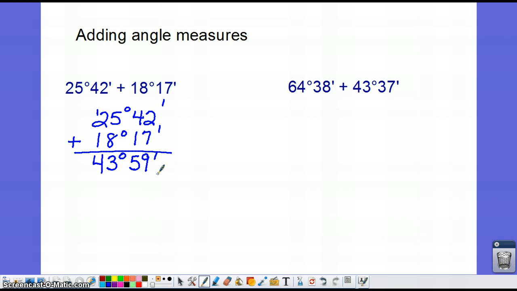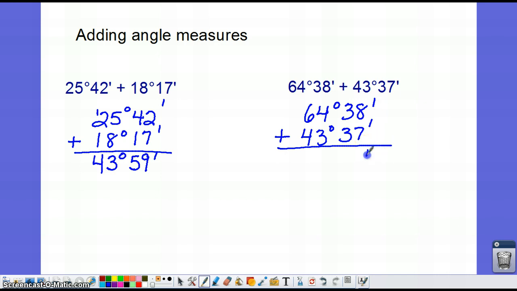Take a look at the second example. Then, going to write it vertically. 64 degrees, 38 minutes, plus 43 degrees, 37 minutes. I'm going to start with adding up my minutes.